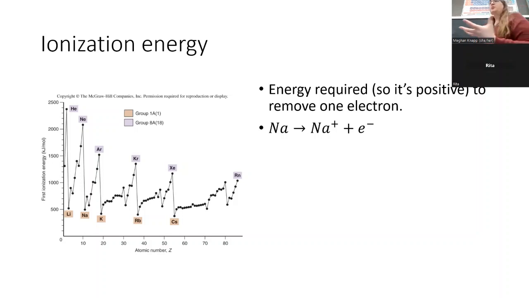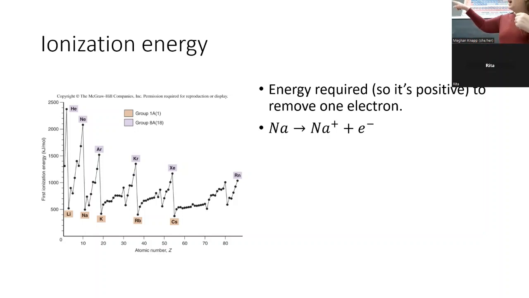Just like with endothermic being positive, you had to put heat in for an endothermic reaction. Same thing with this energy. If the energy is positive, we have to put the energy in to make this happen, but very little for the alkali metals. And then you can imagine with my noble gases that want to stay the way they are, it's very hard to remove the electrons. So very high ionization energy.